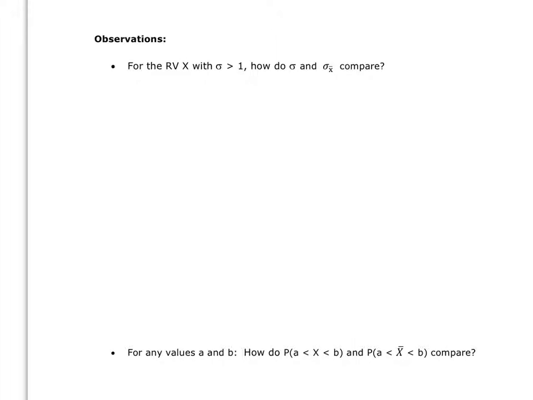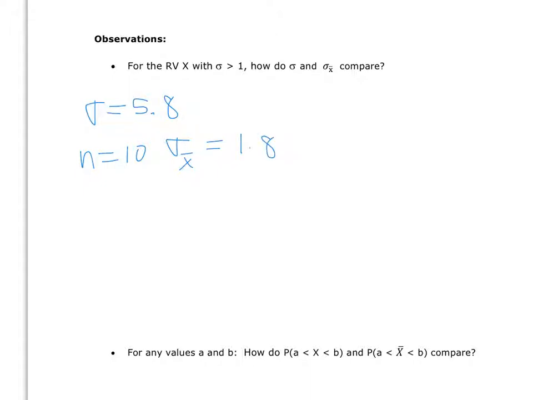So if we make some observations about the standard deviation, we started off with x having a standard deviation of 5.8, and then when we had a sample size of 10, the standard deviation of the sample mean was 1.8.